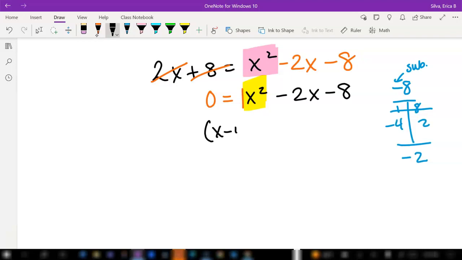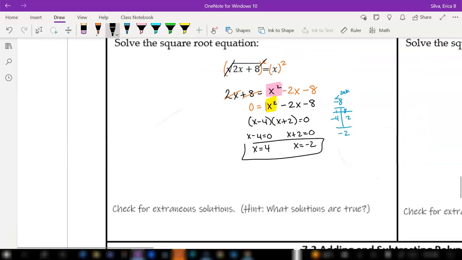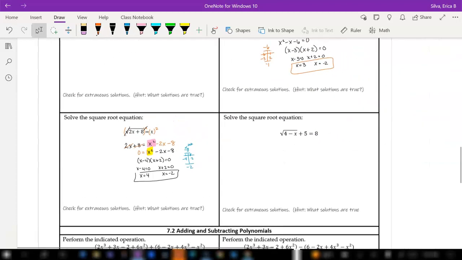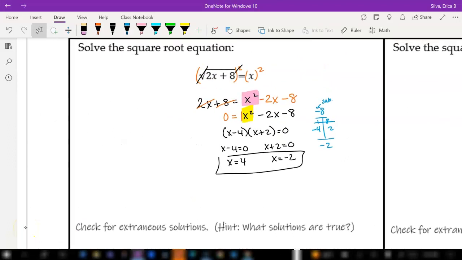So we have x minus 4, x plus 2. Now 4 is 4, so 4 is a true solution.